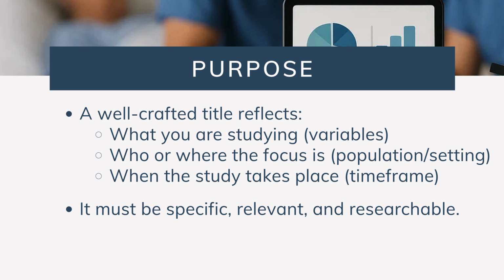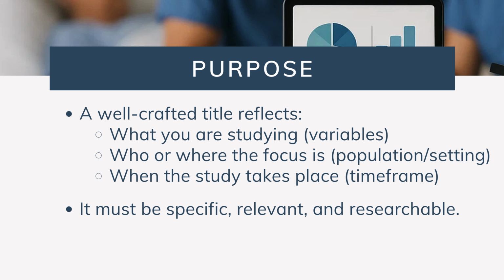And finally, your title must be specific, relevant, and researchable. Avoid general or vague terms. Saying a study on nursing is too broad. Nursing is a huge field. Instead, specify which aspect, such as saying clinical decision making among level 3 nursing students.